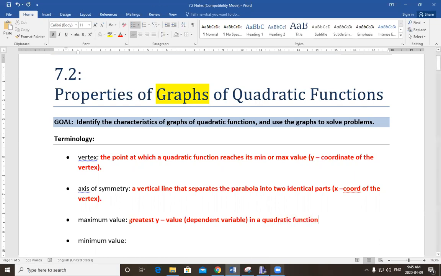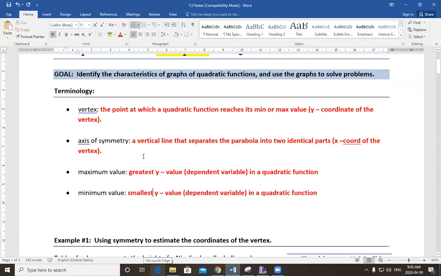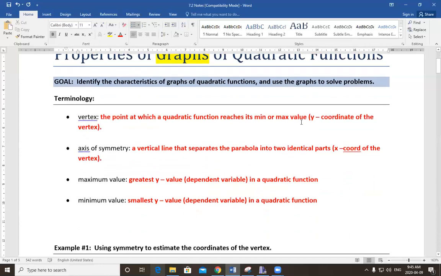And the minimum value, I'll just copy paste this over to save space and time, would be the smallest y value, or the dependent variable, sorry, in a quadratic function. So those are some important terms that we'll need to refer to when we are graphing quadratic functions in Desmos and using it to solve problems.